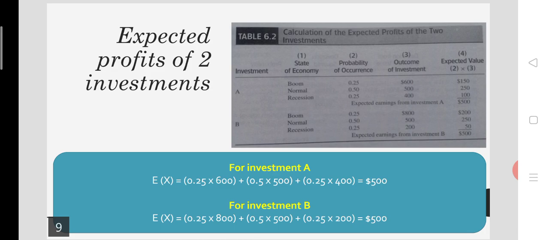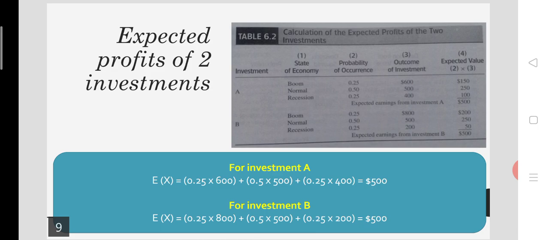And we can find out the expected value of each outcome. When the economy is in a boom period, the probability is 0.25 and the outcome of investment is 600, then $600 times 0.25 is $150. This is the expected value of investment A only when the economy is in a boom period.